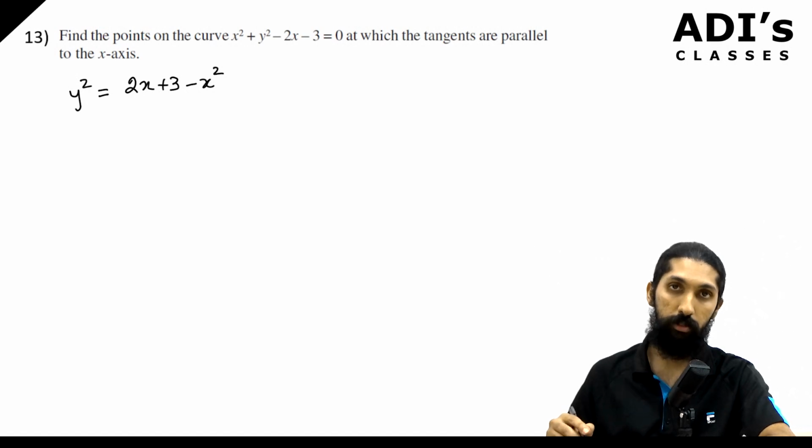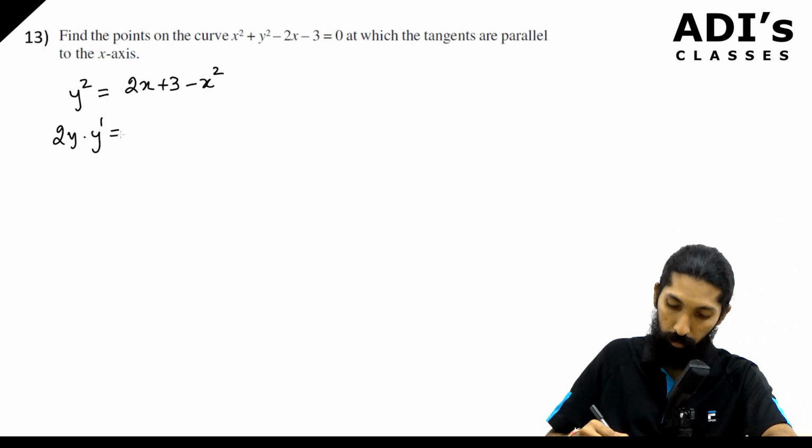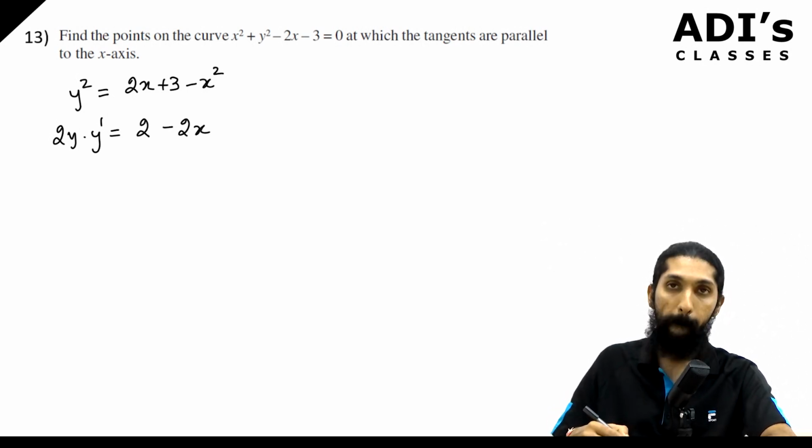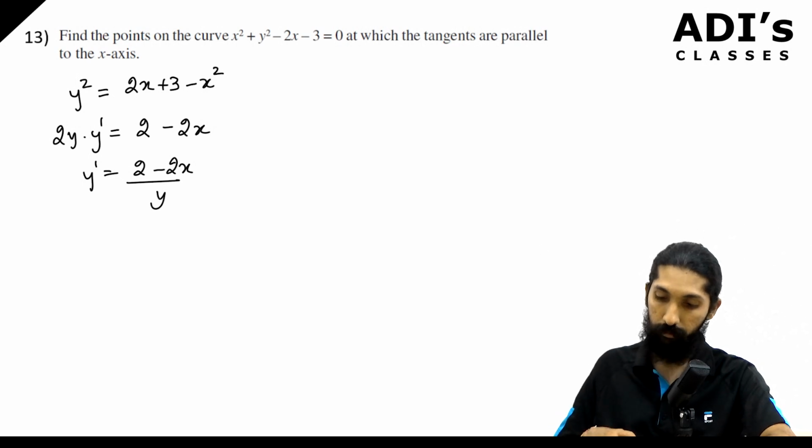Transfer everything to the RHS. So 2y into y dash is equal to 2 minus 2x. Correct? So y dash is equal to (2 minus 2x) divided by y.